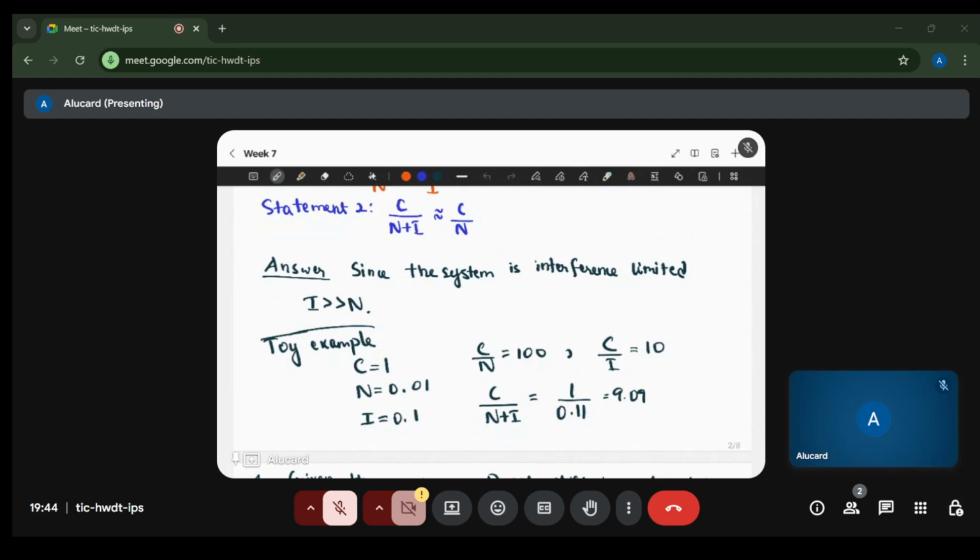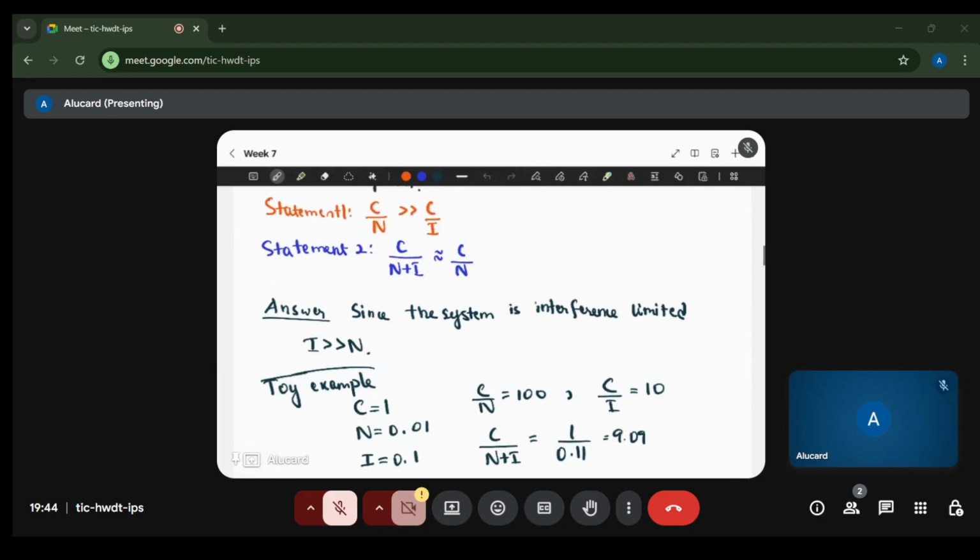And you can see that C over N is 100, C over I is 10. So C over N is actually much greater than C over I. But C over N plus I is approximately equal to C over I, not C over N. C over N plus I is 9.09, which is much closer to C over I than C over N.